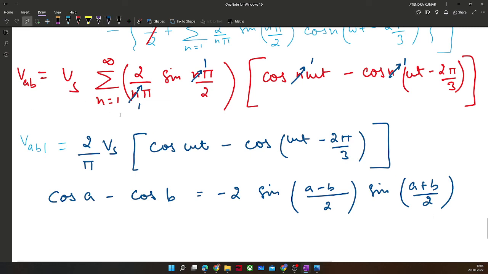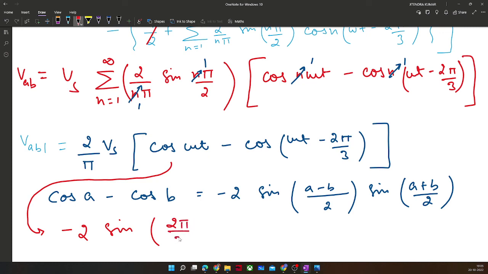So we will do that, and I am just solving this step here. That would come out to be minus 2 sine of A minus B by 2. So omega t minus omega t would get cancelled, and it will remain 2 pi by 3 by 2.